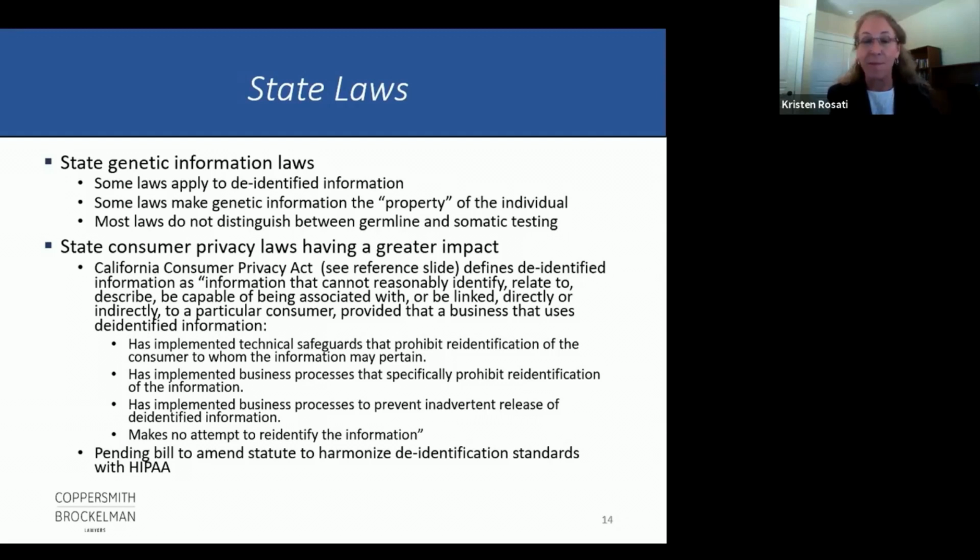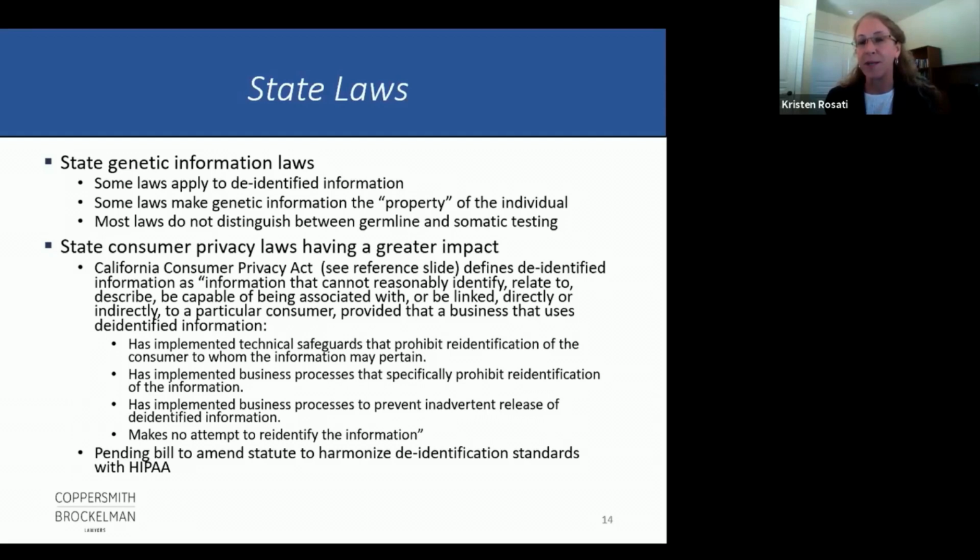Some states actually provide that individuals own their own DNA and genetic information, and most states do not recognize a distinction between germline and somatic testing, which is pretty outdated by this point and badly overdue for a rethink. And state consumer privacy laws, like the California Consumer Privacy Act, are adopting different standards for de-identification of information, which pose huge challenges and practical problems for research initiatives.